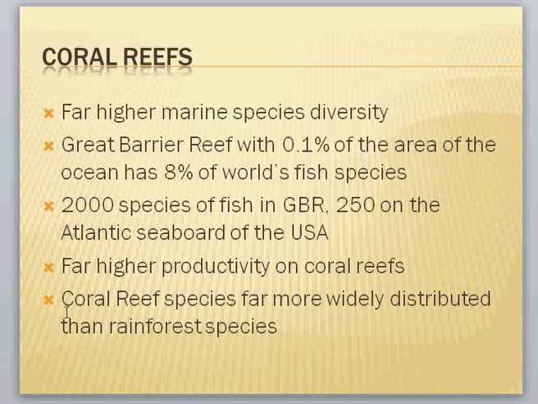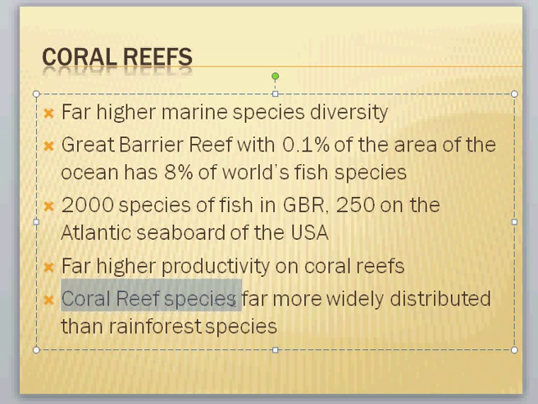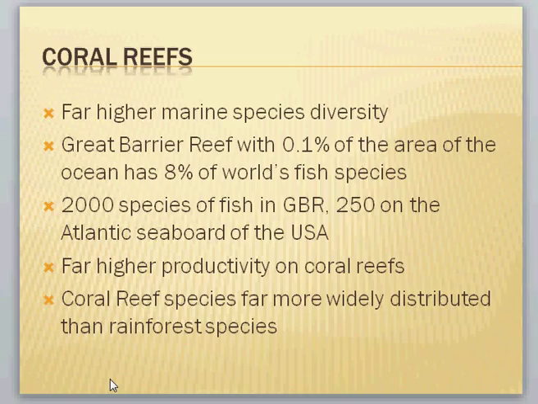They have a much broader distribution because part of their life cycle involves drifting around the ocean for a few months before they finally encounter a correct habitat and settle. The coral reef species are more widely distributed, and so in any one area there are fewer species. Okay, and the communities tend to be more similar over wider areas than in rainforests.